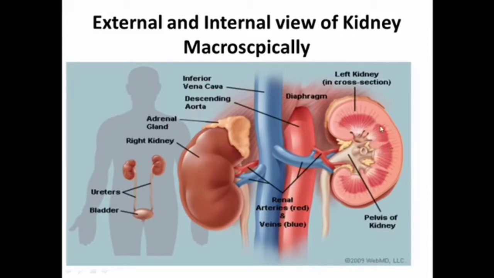Now, some important definitions. What is the lobe of the kidney? The lobe of the kidney is defined as this pyramid along with the overlying cortex. It forms the lobe of the kidney. And what is the lobule of the kidney?